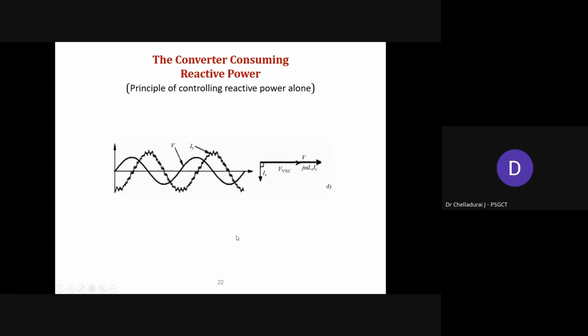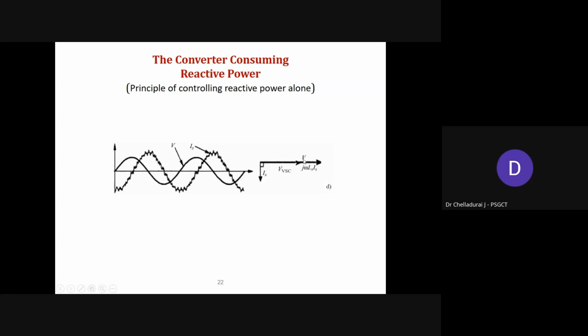We already discussed that the inverter can be used to inject real power or reactive power or a combination of both. So to inject only reactive power, the current lags the voltage by an angle of 90 degrees. So how do we get this 90 degree phase angle difference?